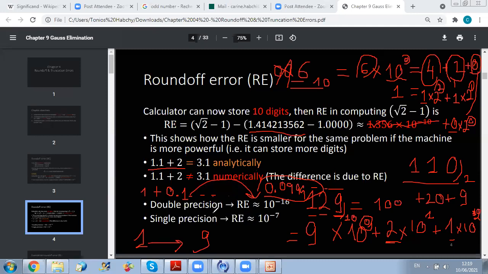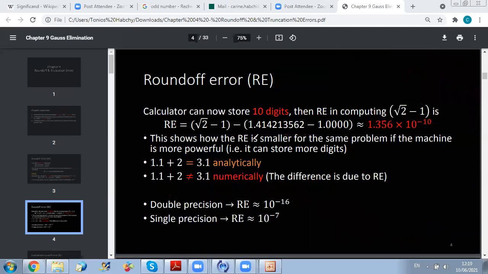Now, concerning the precision, we can have equipment of different precision. We can have double precision. For example, if the round-off error is 10 to the minus 16, this is called double precision equipment. For higher round-off errors and therefore lower precision, a single precision device is one where the round-off error will be of the order of 10 to the minus 7.